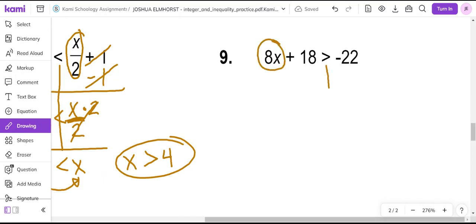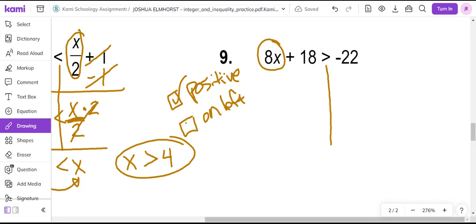Circle the variable term. So it's positive. Yes. On the left. Yes. Now let's go ahead and solve. What's the opposite of adding 18 to the variable term?